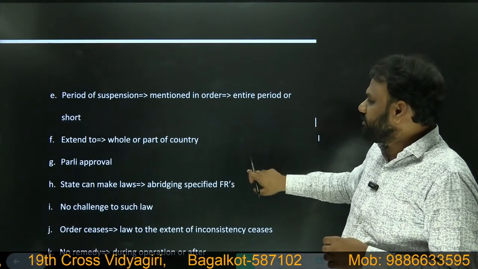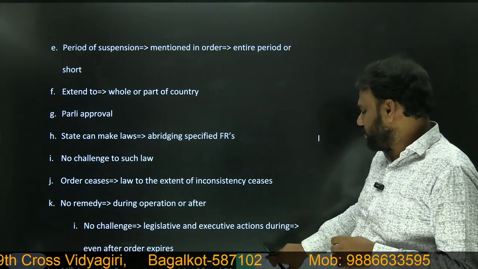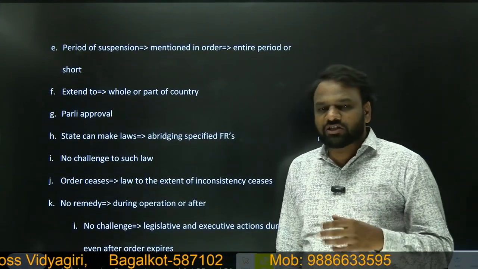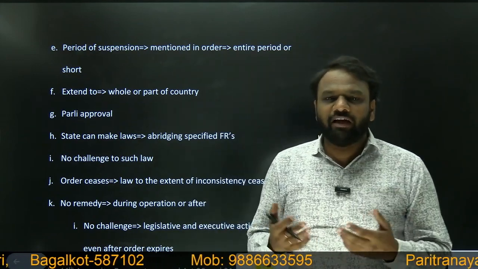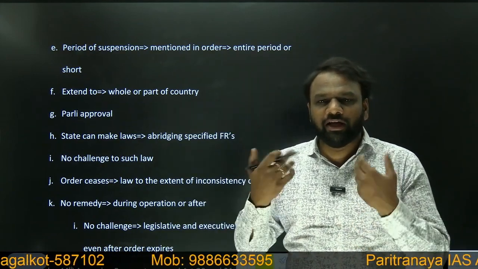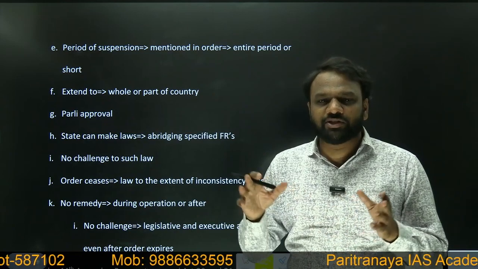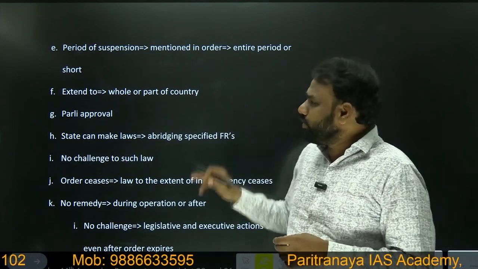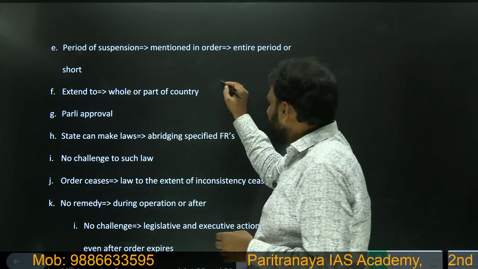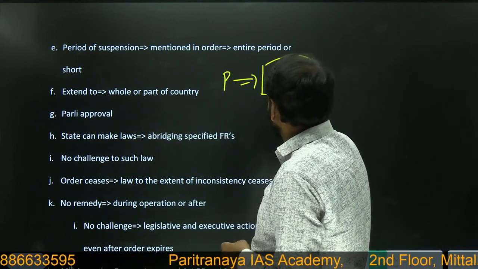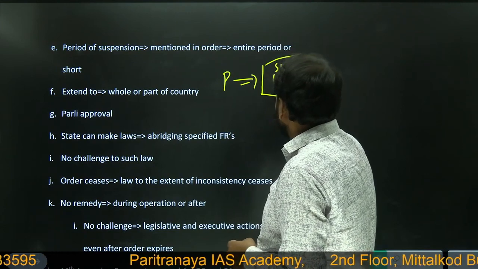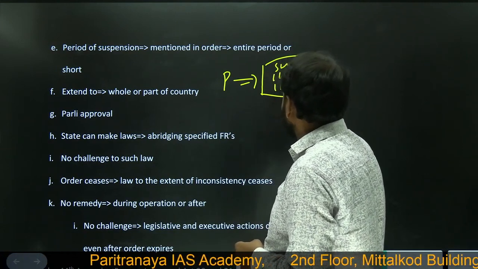Next, the period of suspension mentioned in the order: entire period or short. Article 19 automatically gets suspended on the day we declare emergency, and automatically revives on the day the emergency ceases to operate. But for other articles, the President will explicitly say that the following articles are suspended, which are 14, 16, 17.